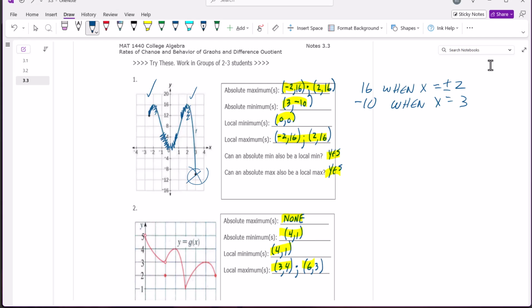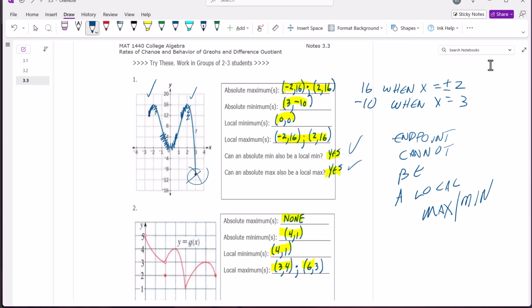So an absolute minimum and an absolute max can also be a local min or max. But an endpoint, like I said, cannot be a local max or min. Endpoints can only be absolute maxes or mins.